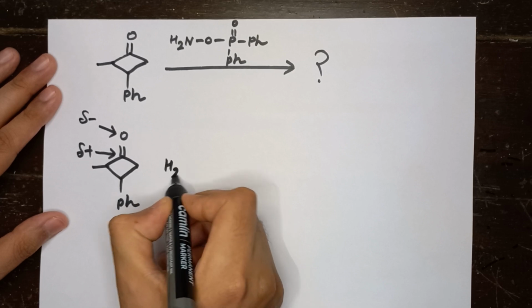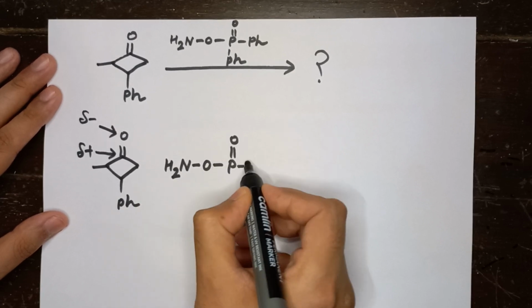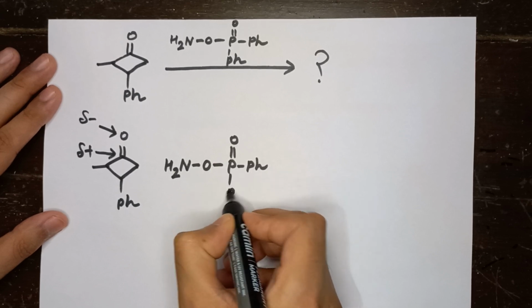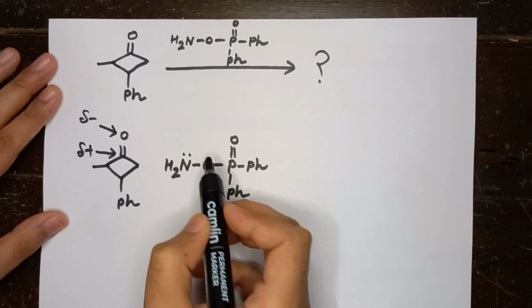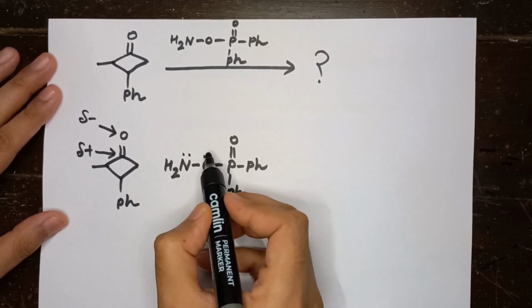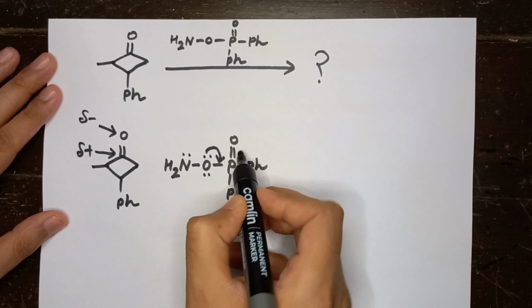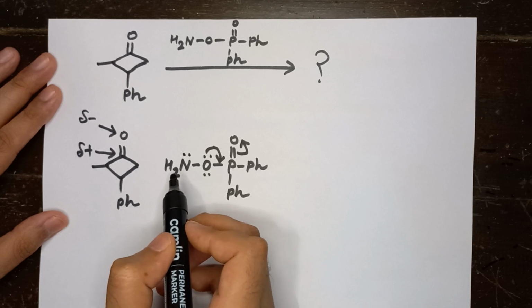The other reagent is this one. Now this nitrogen has a pair of electrons. This oxygen has two pairs of electrons, but this oxygen's lone pairs are busy in resonance with this system. But this nitrogen's lone pairs are free to attack.